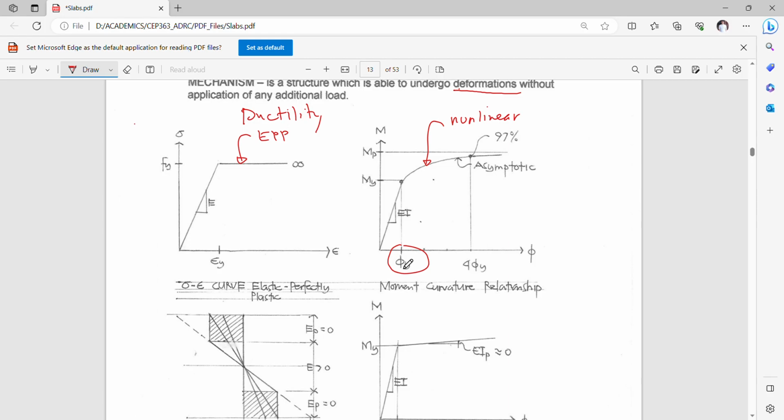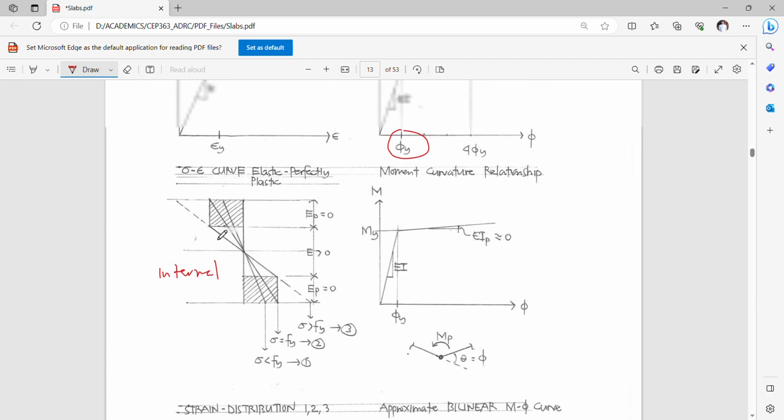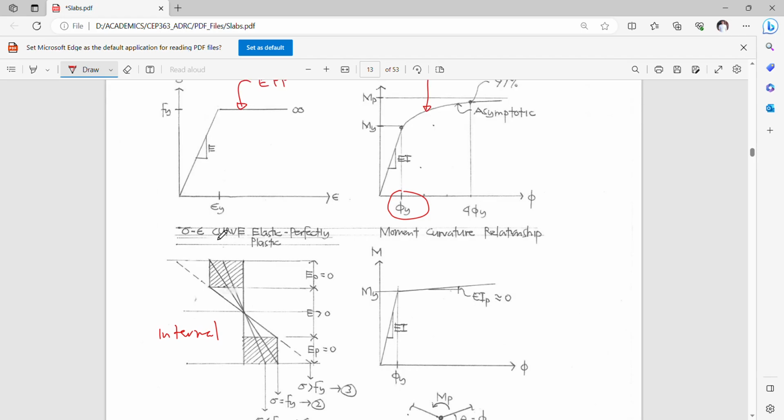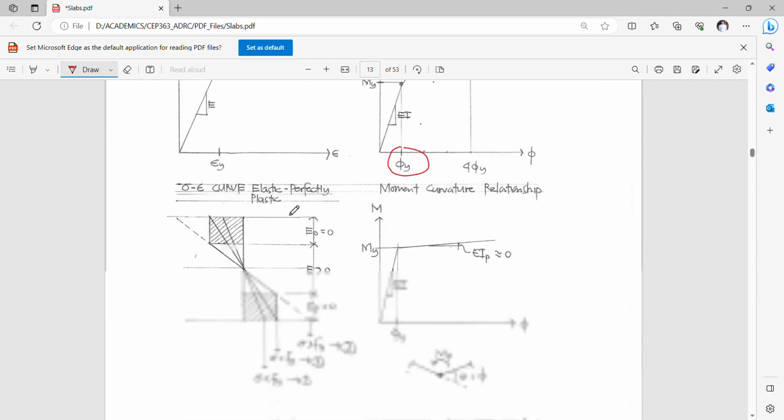For the stress distribution, so this is now the internal stress distribution that we normally use, no? In an EPP, an elastic perfect plastic material.